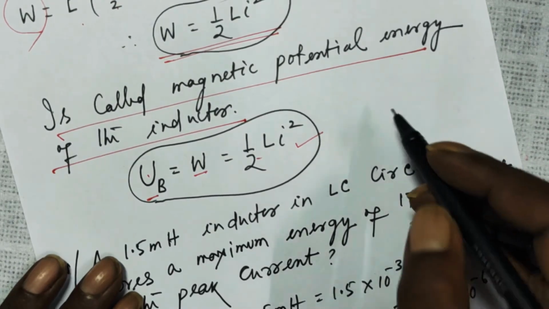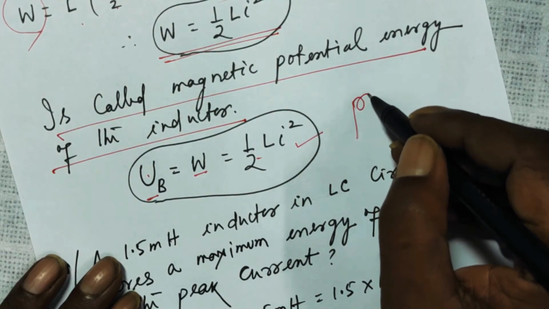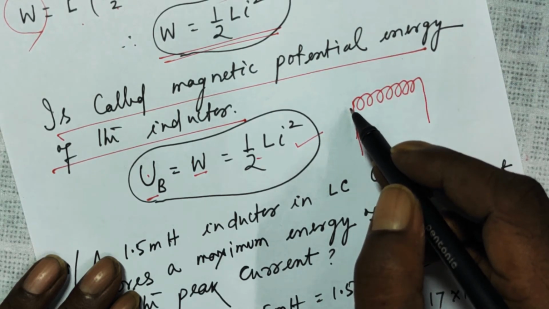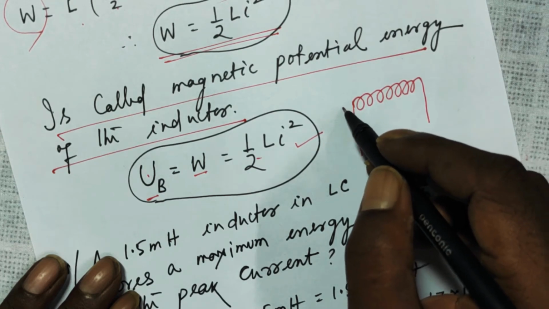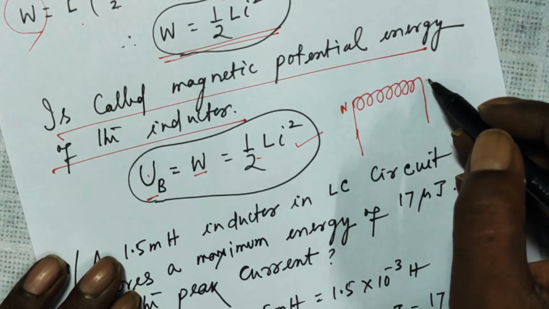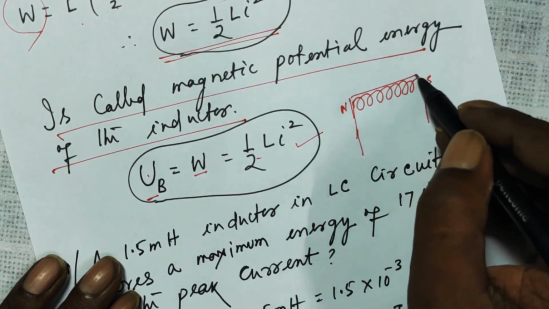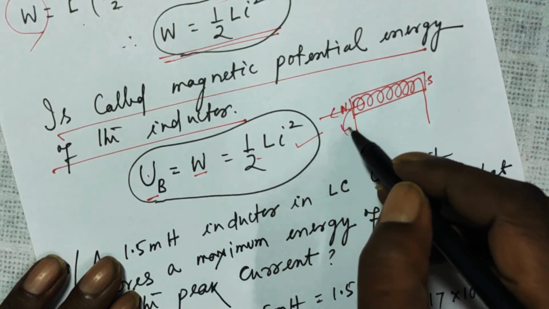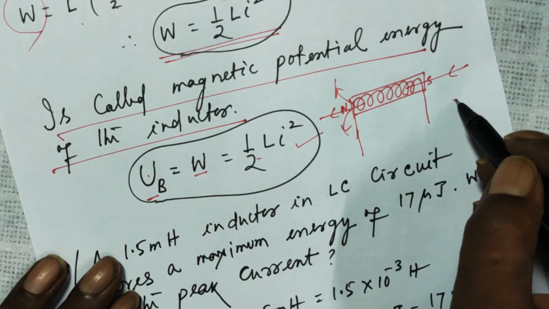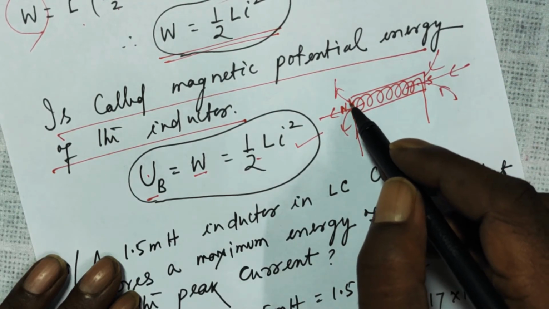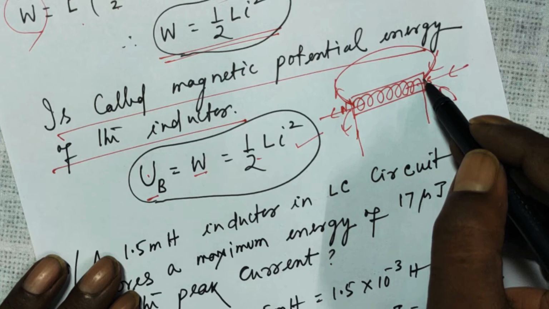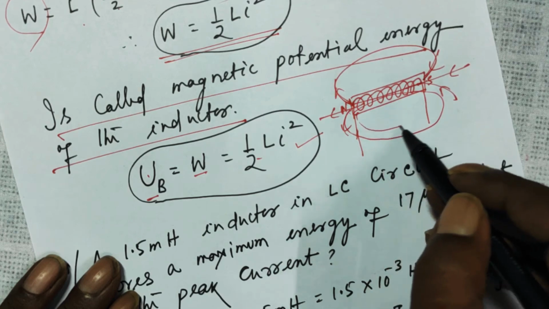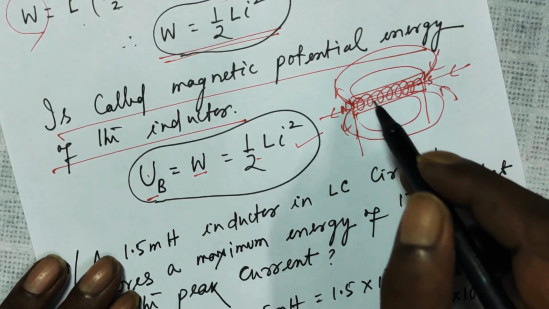How do you say magnetic? Because we have already seen in previous lessons, for a coil carrying current, if from this side the direction of current was anti-clockwise, this was behaving as a north pole, and this side it will be clockwise, south pole. The whole coil was behaving as a magnet. These were its magnetic lines of force, originating from here, moving like this, passing through the magnet at south. These are continuous lines.